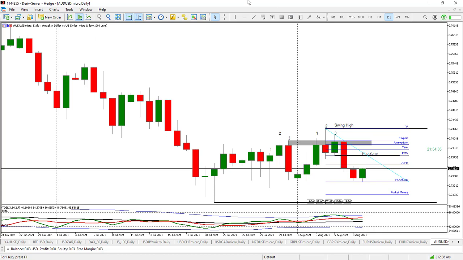This is what I'm expecting this week as the market starts to retrace back to the flip zone. This is what I'll be expecting to see from this pair, guys, and then taking out this low.